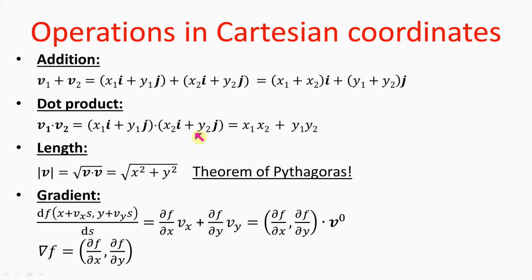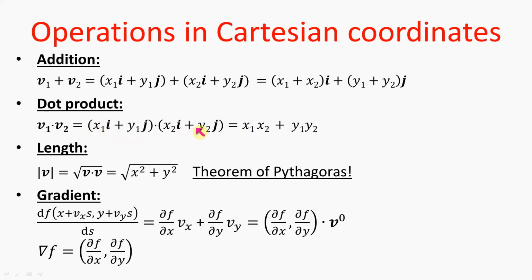Then we exploit the distributive property of the dot product. A term from the first factor should be combined with every term of the second factor. We will have x1 times x2 times i dot i, which is 1.